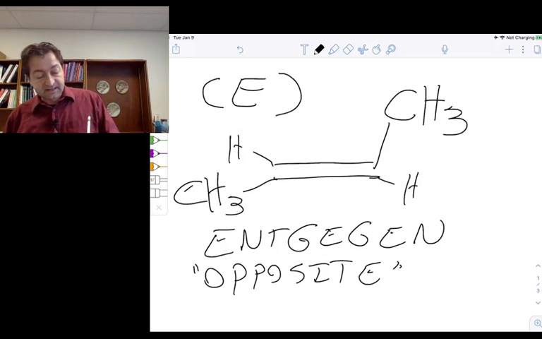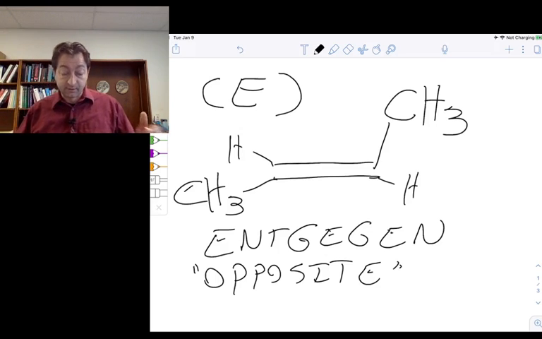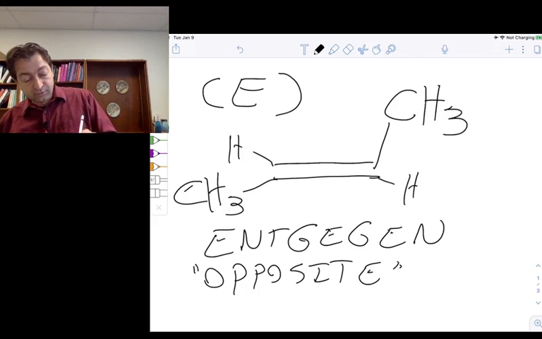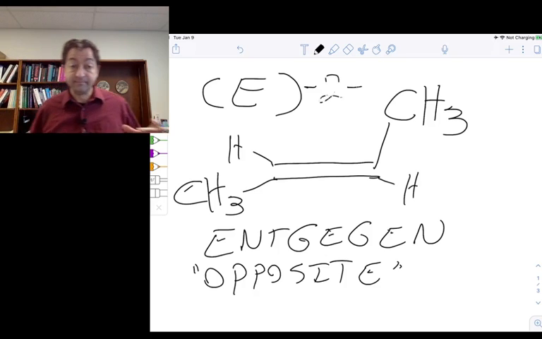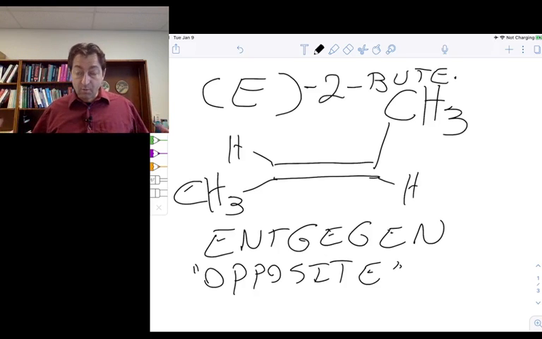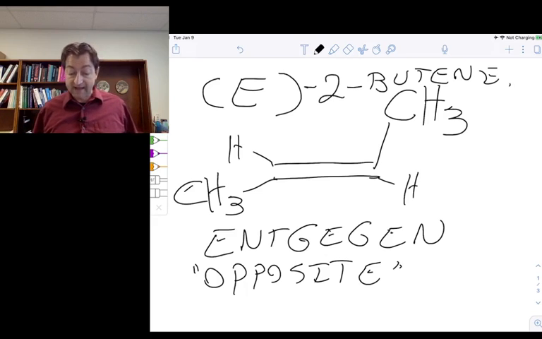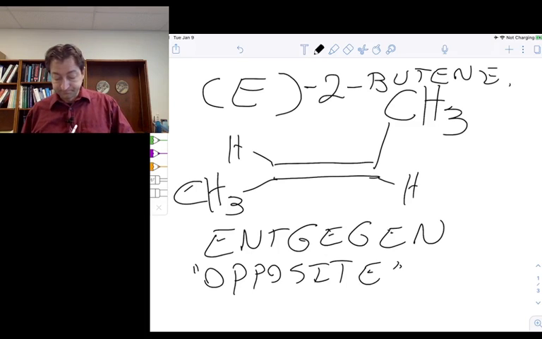That gives us the E designation, and the full name of this particular molecule then would be E-2-butene. So it's a nomenclature device that we have to be able to describe to another competent chemist which one of the two possible geometric isomers we're looking at around that double bond.